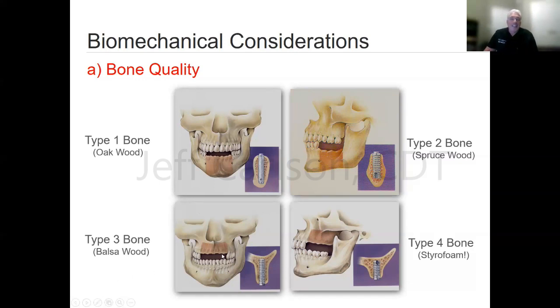The premaxilla is often referred to as like balsa wood, and as you're seeing, the cross section here is getting more trabecular, more spongy looking bone. Type 4 bone, the posterior maxilla, is often referred to as almost like styrofoam. But what's important to note here, that helps you to decide, bone quality to a patient means, when do I get my teeth and how much does it cost?